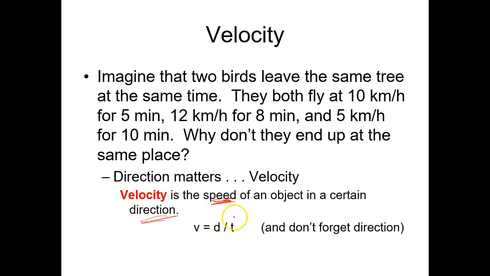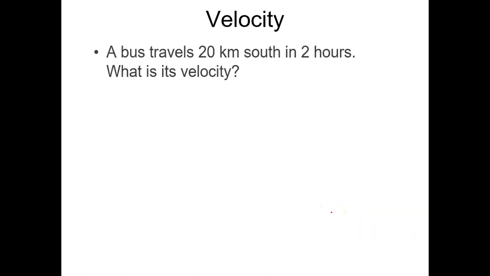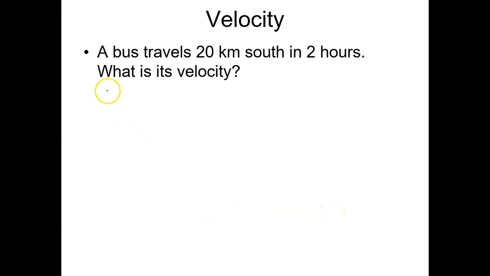So our formula is the same, except now I have a V for velocity instead of an S for speed. But it's really the same formula that we just did, but don't forget to add the direction. You have to add the direction for these. So more examples. Now we have a bus traveling 20 kilometers south in 2 hours. What's its velocity?